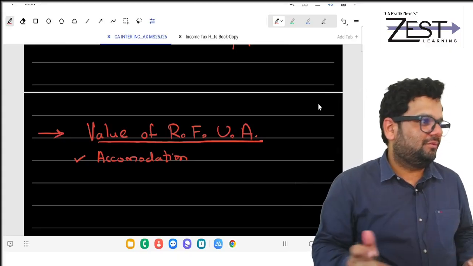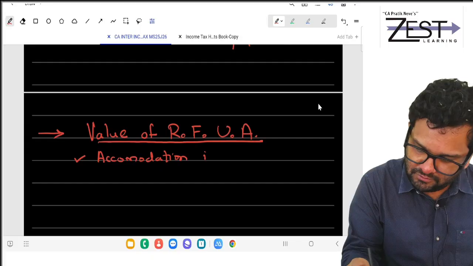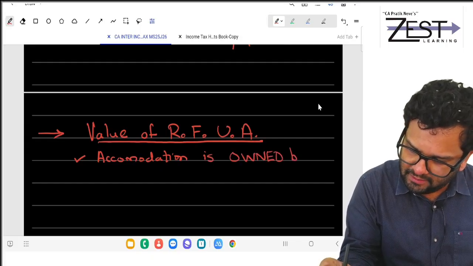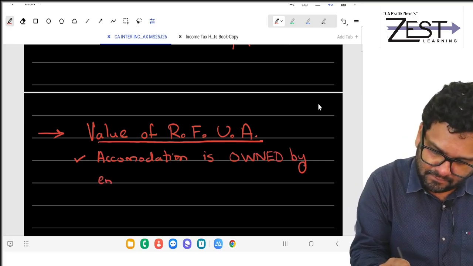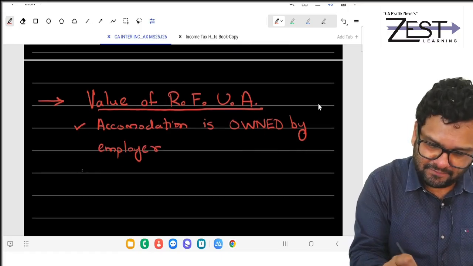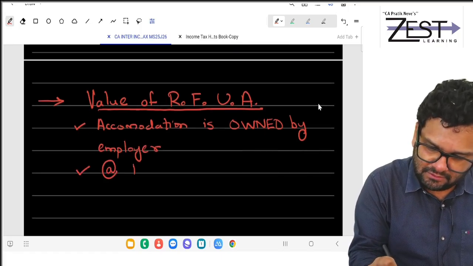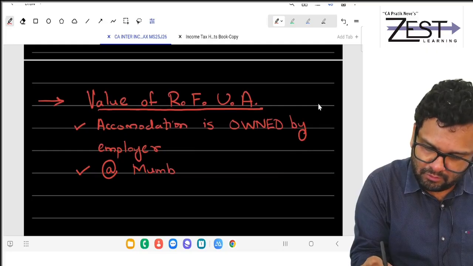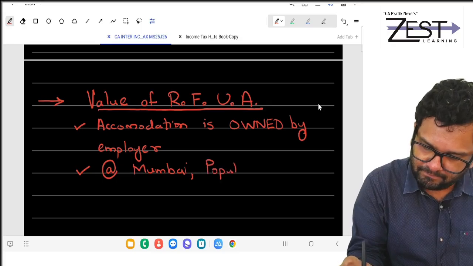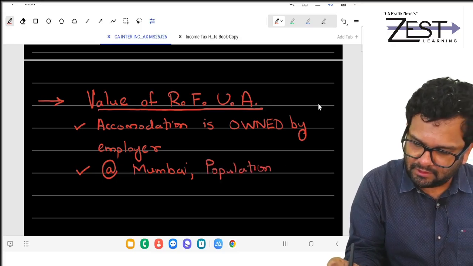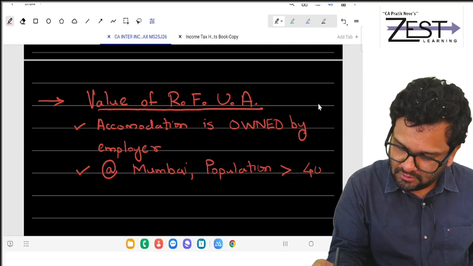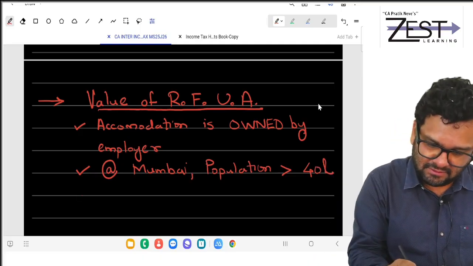Otherwise, what will you do? So accommodation is owned by employer. Where? At Mumbai. Population greater than what? 40 lakhs.